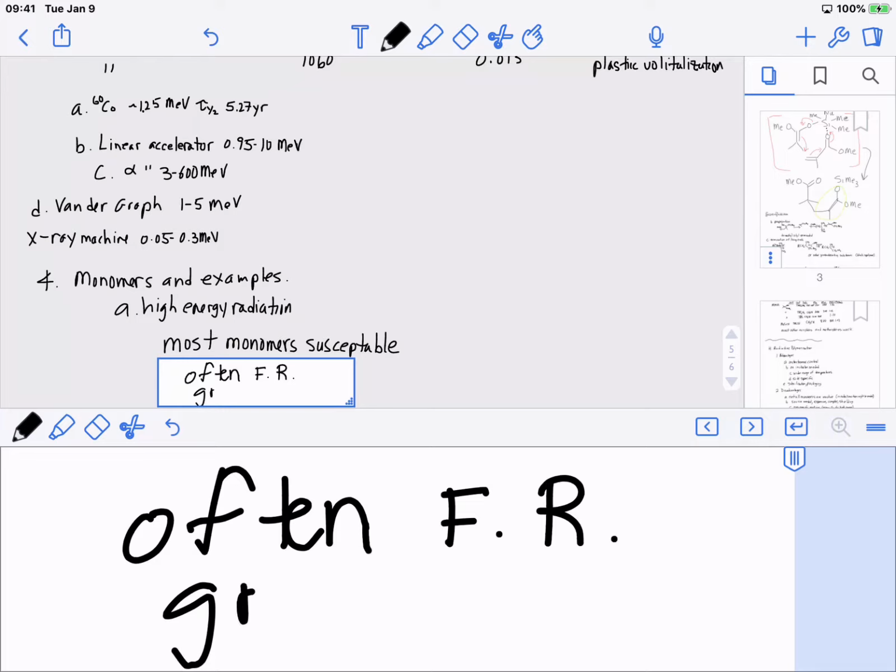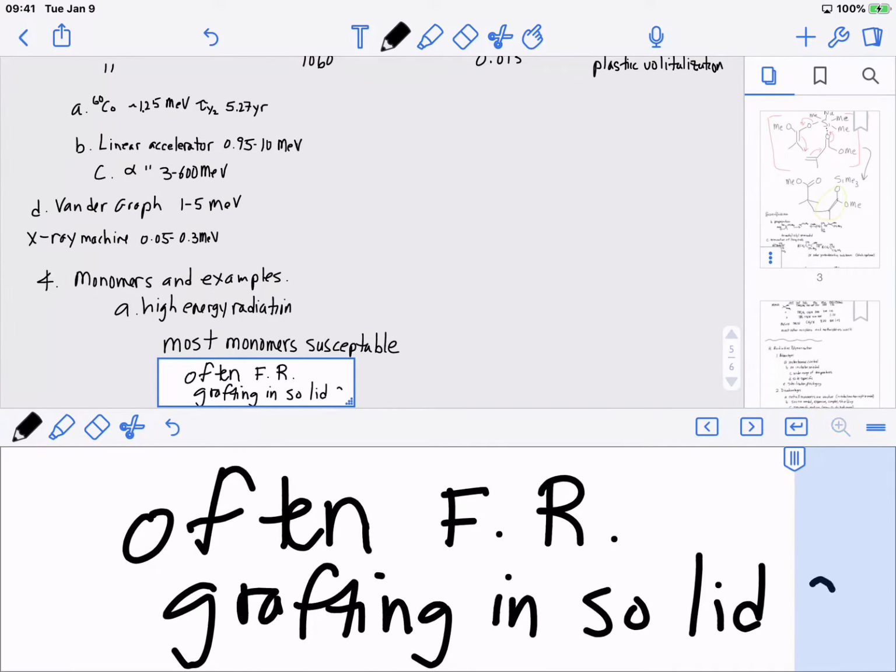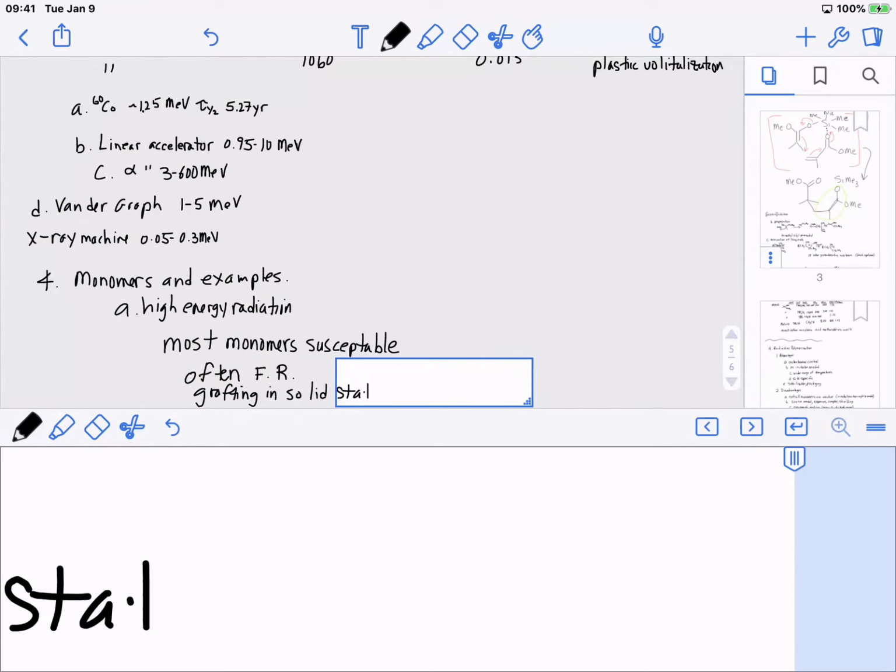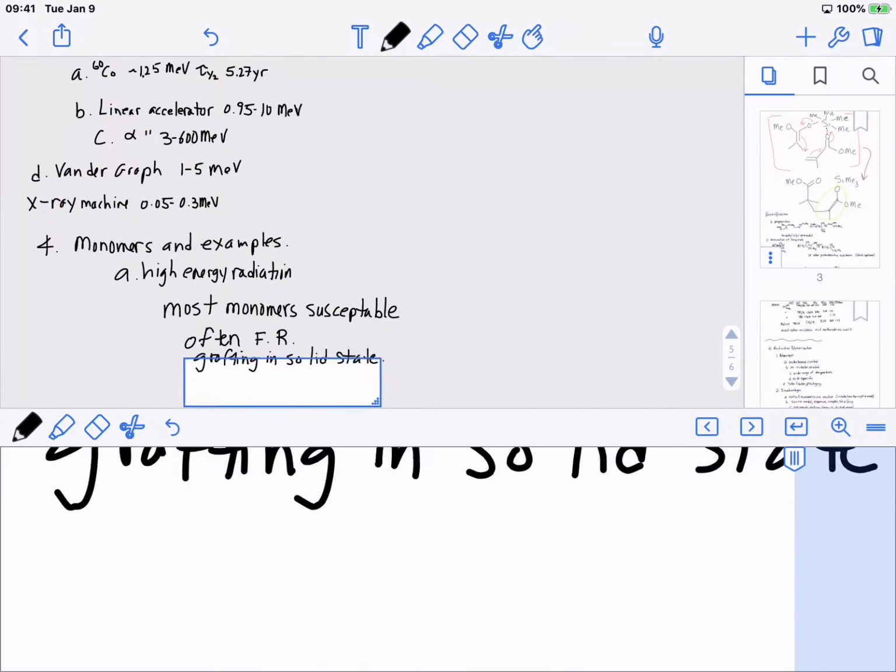You can do grafting in the solid state. If you're doing a grafting reaction, you sometimes have to get a whole bunch of reagents down to do the grafting. Here, if you got some active groups in there, you just activate them with radiation, and it can go.